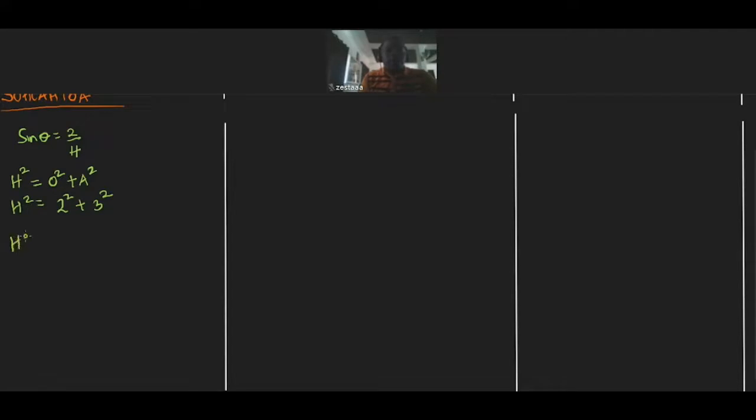So our h will be equal to the root of 4 plus 9, which is 13.